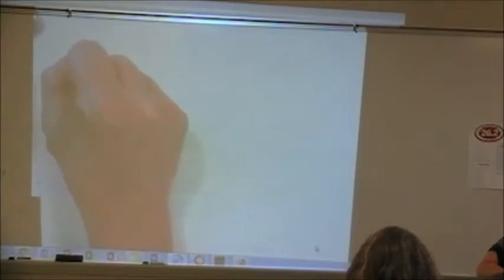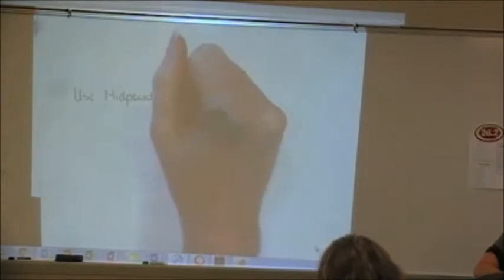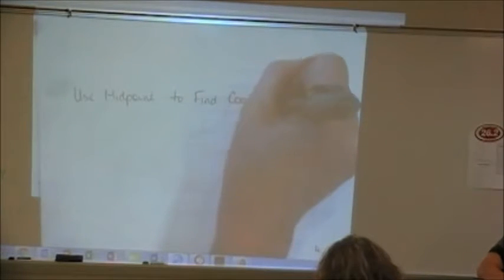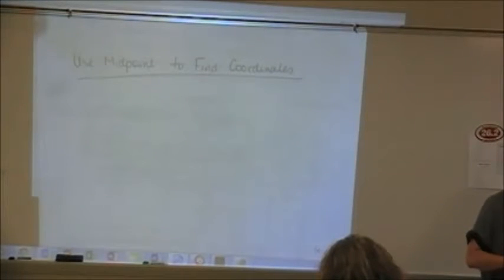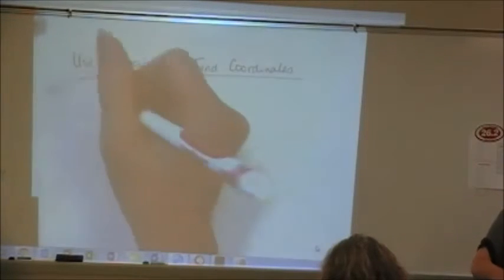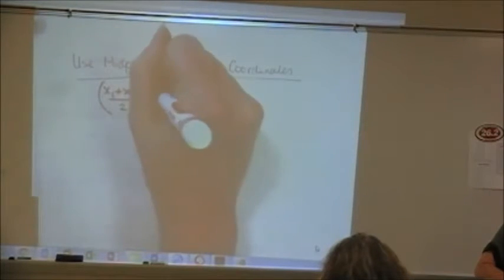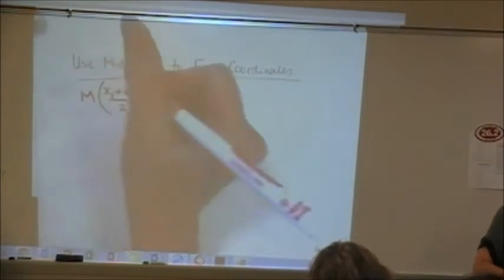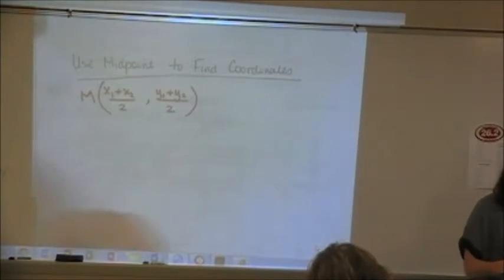Okay, so this is still using the midpoint formula, but we're going to use it backwards. This time you're going to be using the midpoint to find the coordinates, but it is still the midpoint formula. M meaning midpoint. Okay, so they're going to give you something like this.